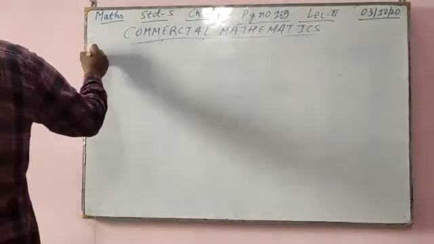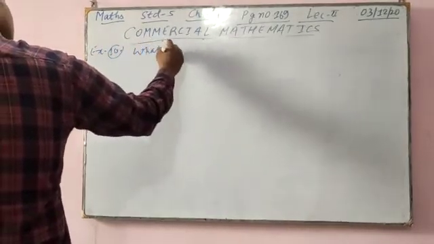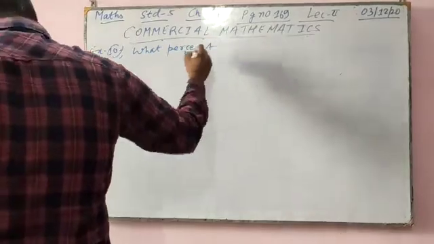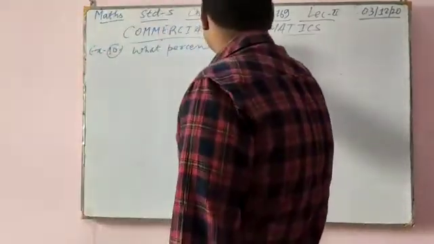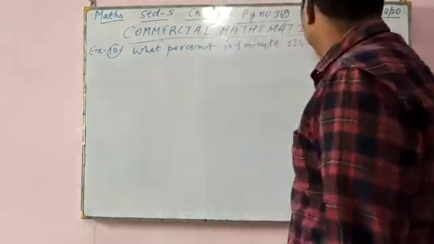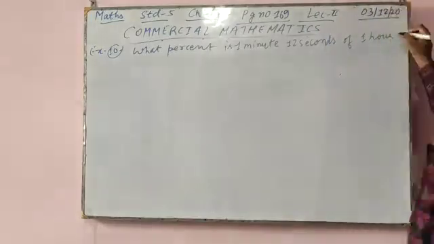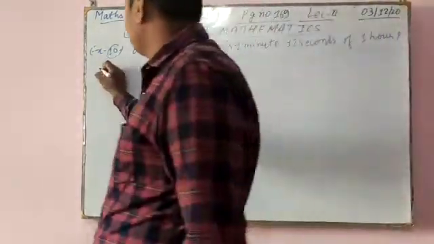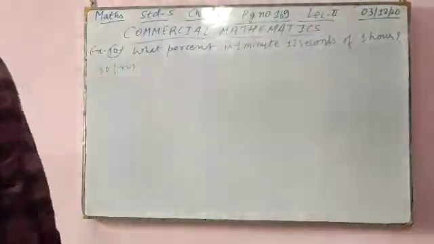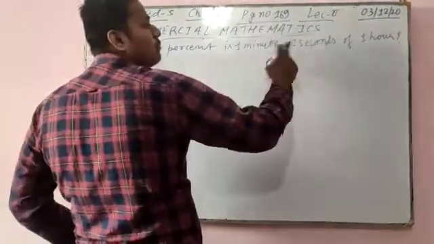Example number 10. What percent is 1 minute 12 seconds of 1 hour? Okay, solution. First we will try to change into the small unit. Hour, minute, second is given.